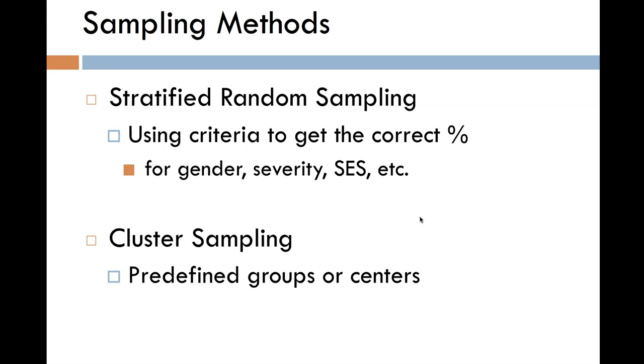So maybe you want to get the right percentage in your study who are mild, moderate, and severe. Again, you could group all the milds together, the moderates together, the severes together, and then you can do the random sampling from there. And that's going to be stratified random sampling.